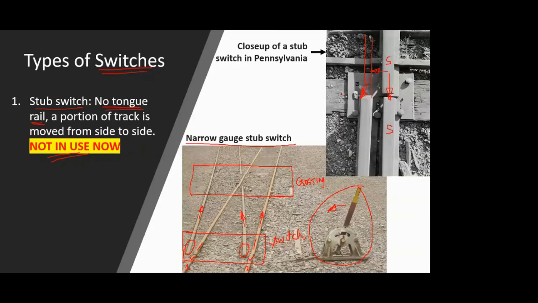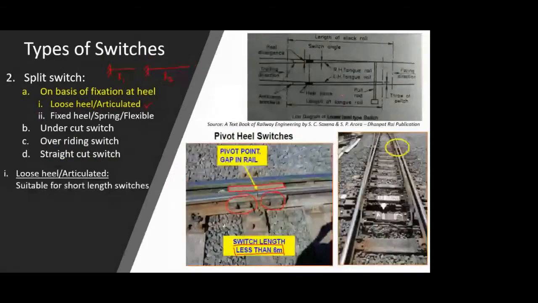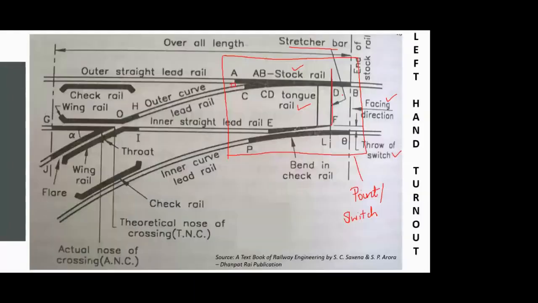Now obviously the types of switches. Now we have covered all the components in this section. Now in the next lecture, we will be shifting our focus to this crossing part. Okay, so step by step we will be seeing again, likewise, like we have seen for the point and switches, we'll be seeing for the crossing each and every component, how does it look, what is the function of it.